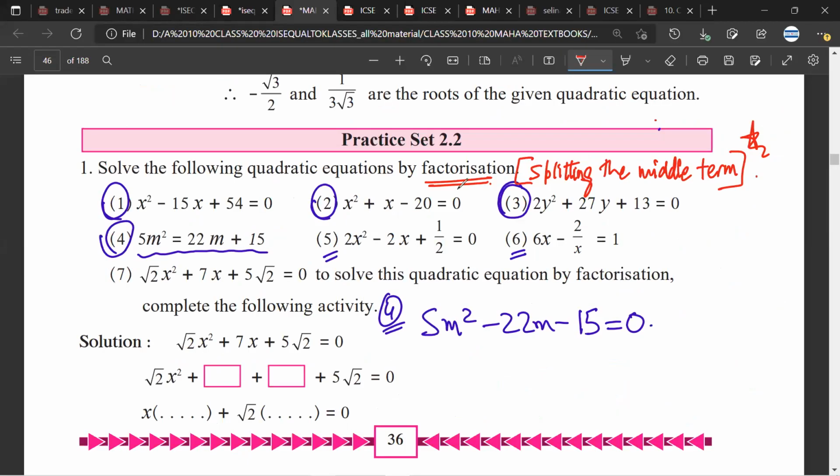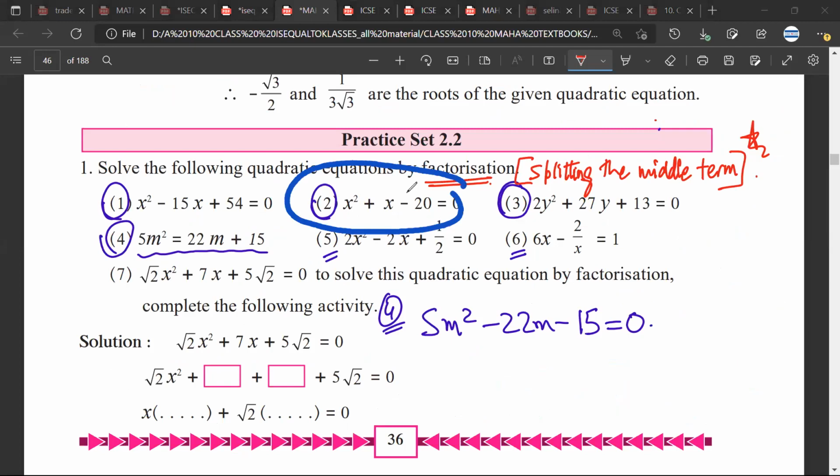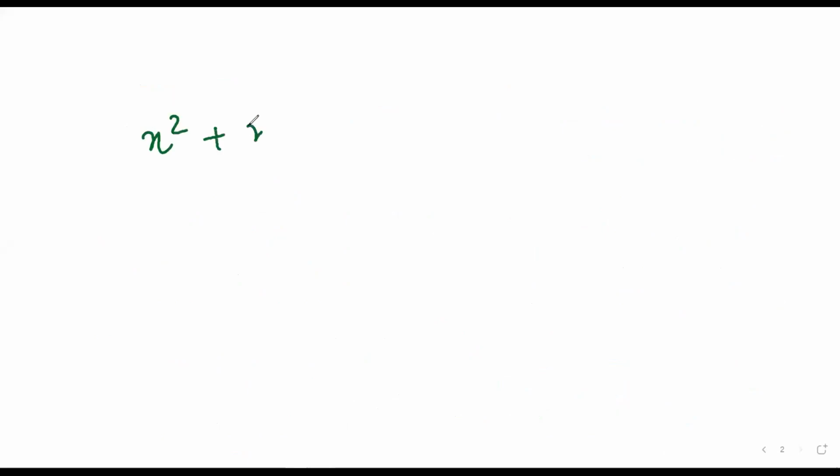Okay, great. We'll do one more question, just one more question. So, x square plus x minus 20 is equal to 0. So, as a first step, I'll have to just factorize this polynomial.